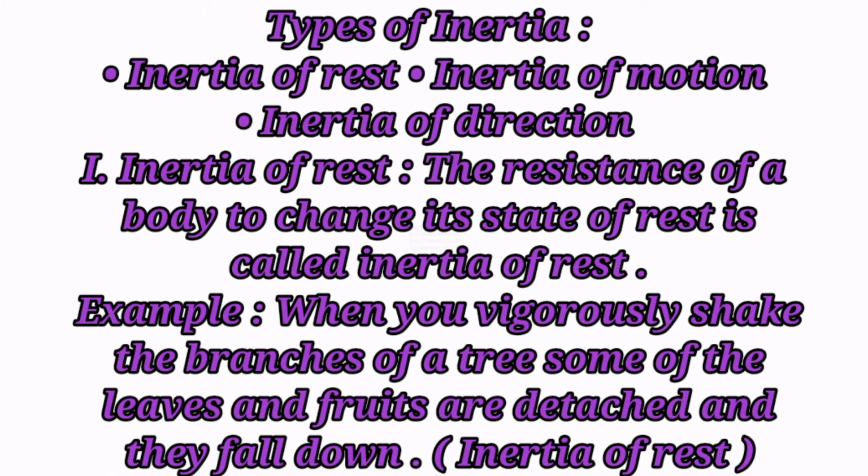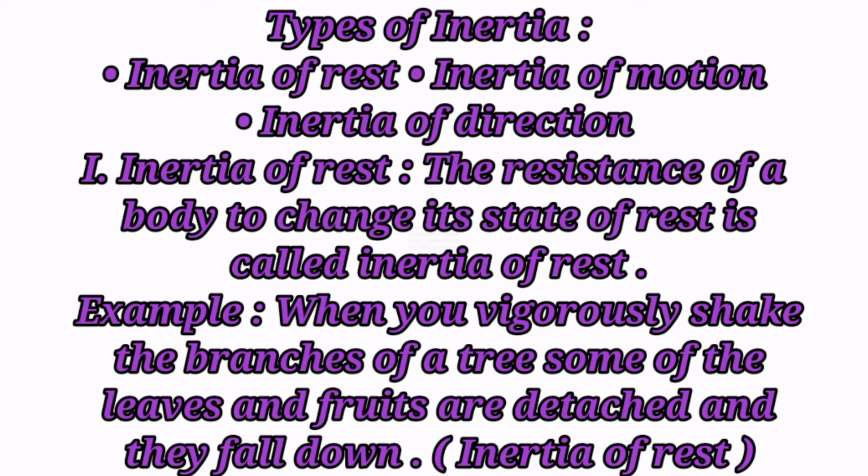Types of inertia: inertia of rest, inertia of motion, inertia of direction. Inertia of rest. The resistance of a body to change its state of rest is called inertia of rest. Example, when you vigorously shake the branch of a tree, some of the leaves and fruits are detached and they fall down.